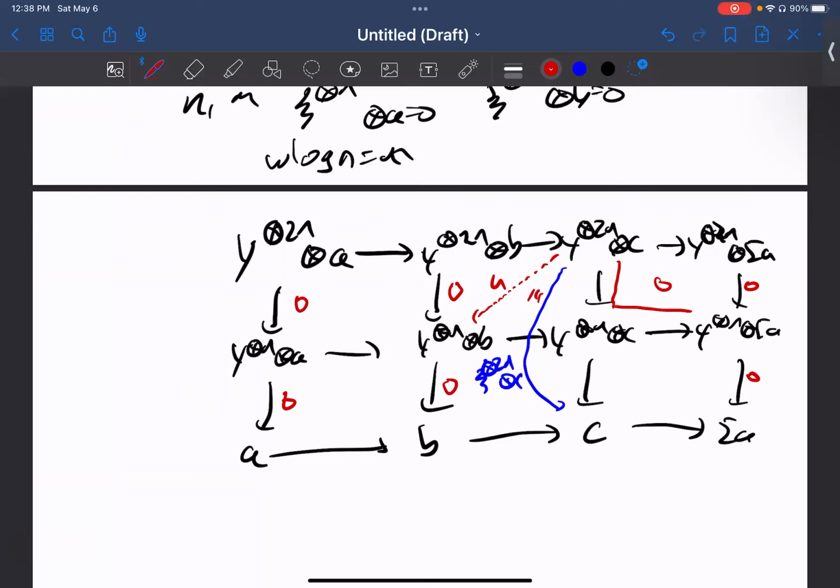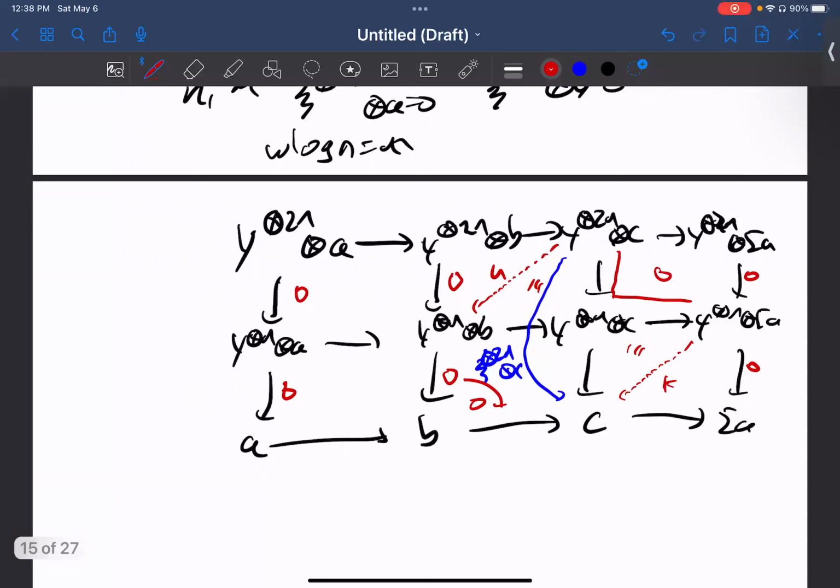And since this composite here is 0, this implies that there's going to exist a map this way, K, such that this triangle commutes.